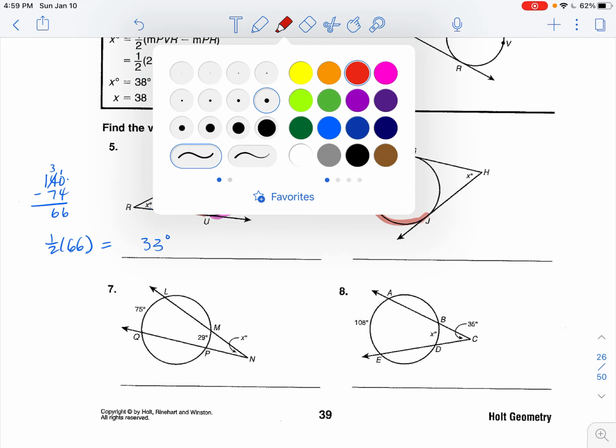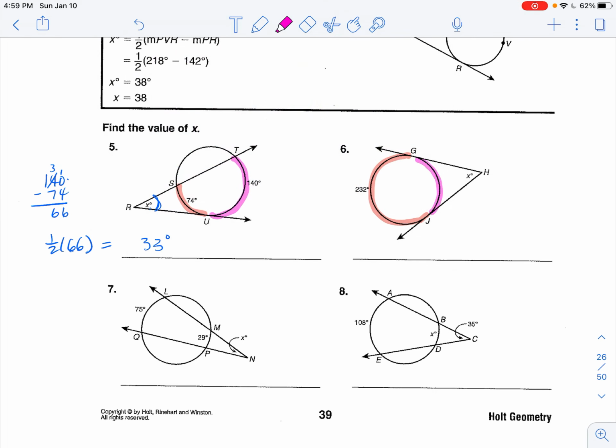Okay, let's do the same thing with the next one. The larger arc minus the smaller arc, we're going to cut that in half, and that's going to give us the measure of this angle. Well, I'm not given a measure of this smaller arc, but I can see that these are two tangents, so I'm going to find the difference, 360 minus 232, which is 128.